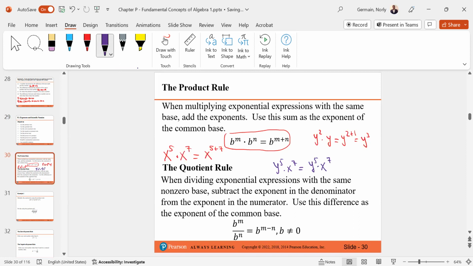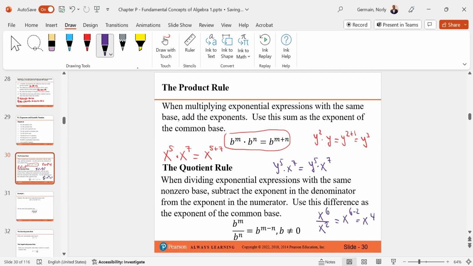But when you divide exponential expressions with the same non-zero base, you subtract the exponent in the denominator from the exponent in the numerator. So for example, if I have x power 6 over x power 2, because we have the same base x, we're gonna subtract the exponents, 6 minus 2, so it is x power 4.